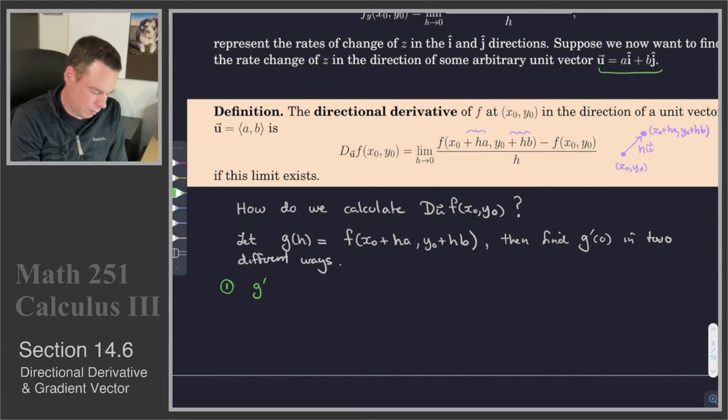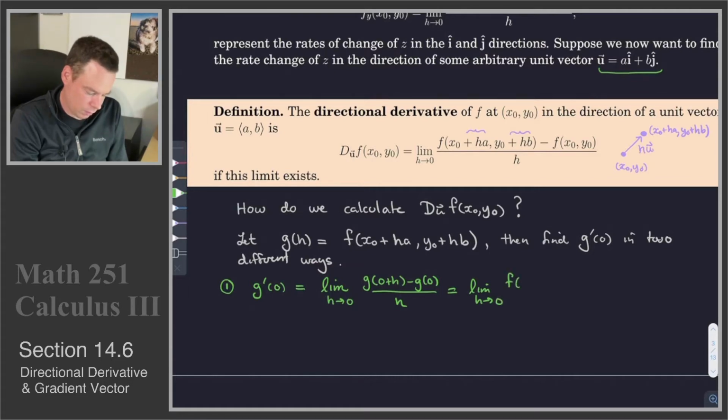We'll go right to the definition. What is g'(0)? By the definition of derivative, it's the limit as h goes to 0 of [g(0 + h) − g(0)] all over h. And what is that? Well, g(0 + h) is just g(h).